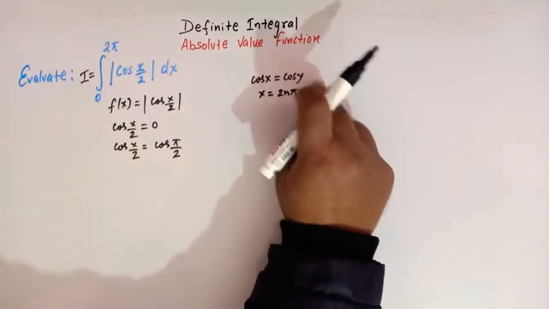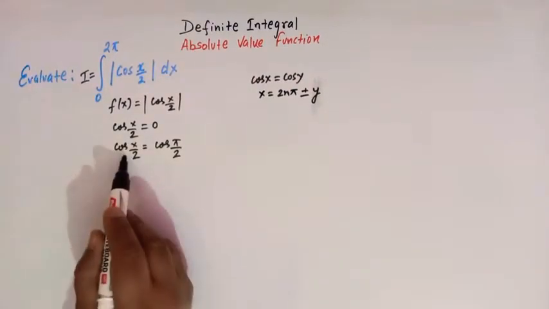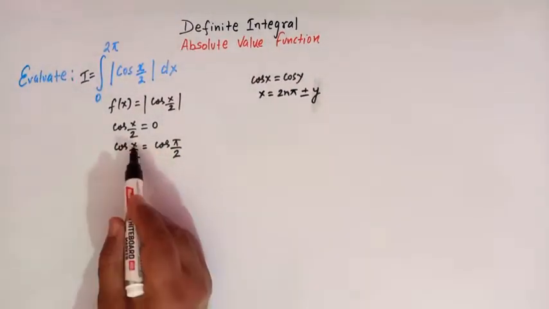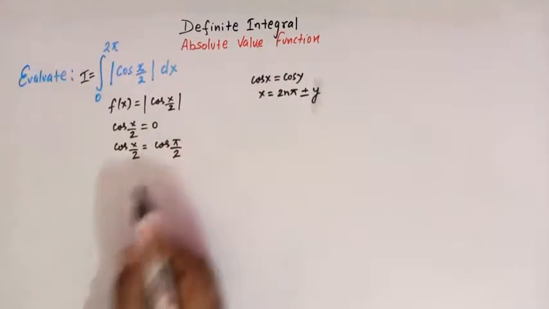So here we have x over 2 for x, and for y we have pi over 2.